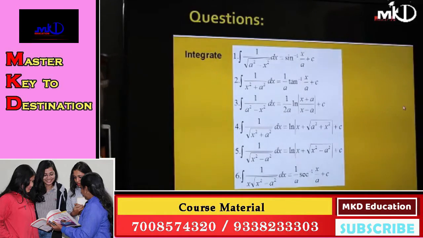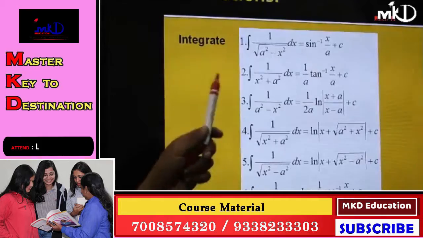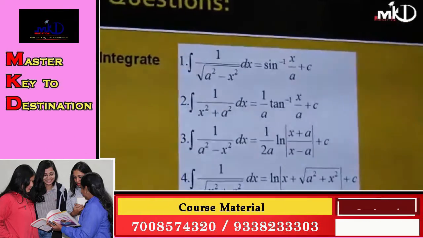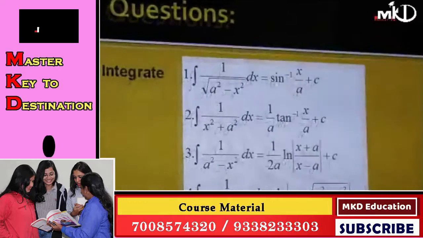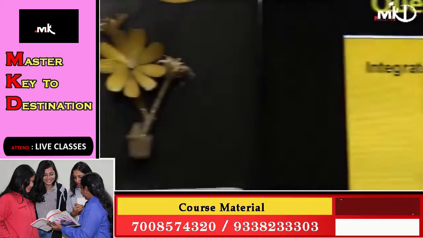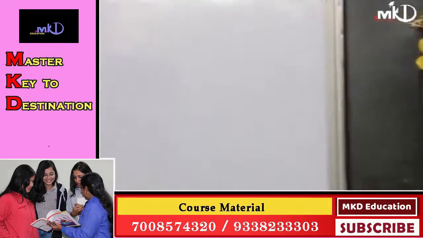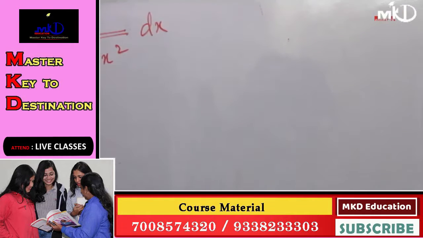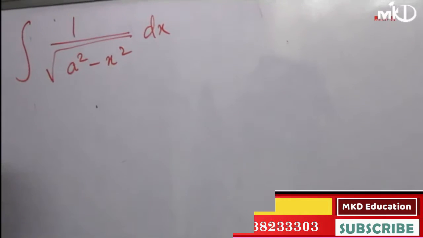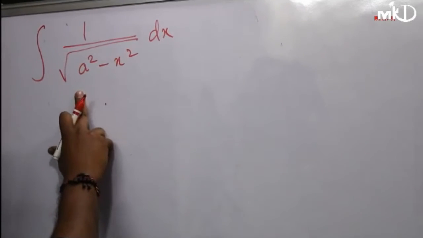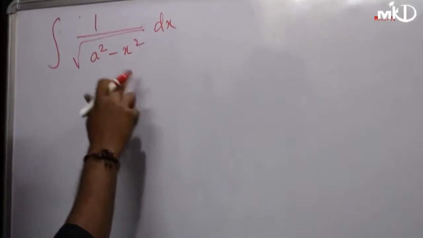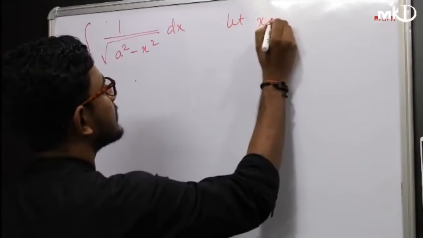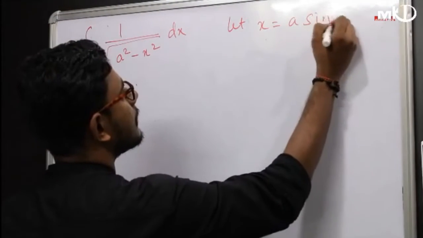Suppose you have to find the integration of 1 by square root of a square minus x square dx. We said that when it contains terms like this, we replace x by a sin theta or a cos theta. So let x equal a sin theta.